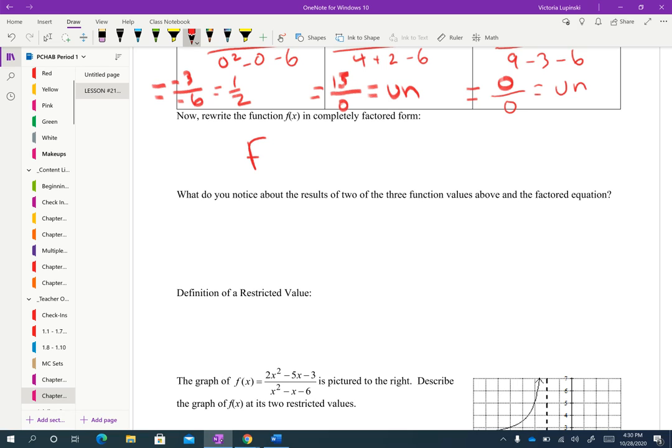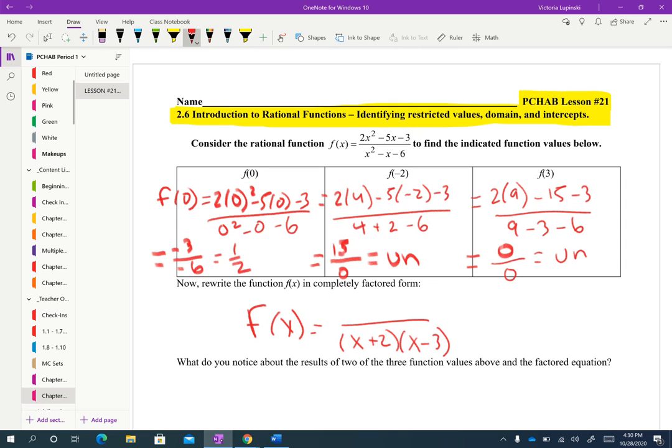So we factor the numerator and the denominator. The denominator is obviously easier to factor: factors of negative 6 that add up to negative 1. That would be x plus 2 and x minus 3. When it comes to the numerator, you have a couple of different ways to factor.